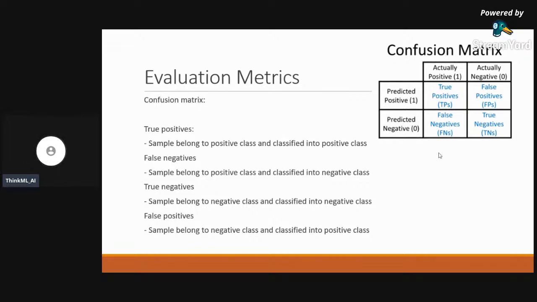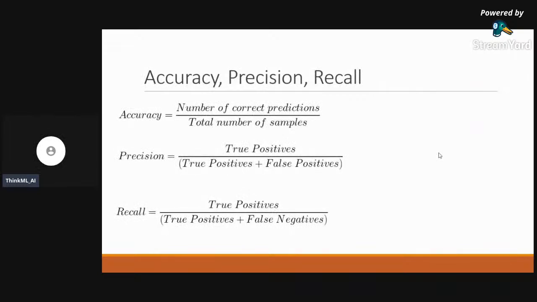We use these metrics in many applications. The confusion matrix may not be that important because it is used mostly for classification, but true positives are used in most applications. The common evaluation metrics we use are accuracy, precision, and recall.